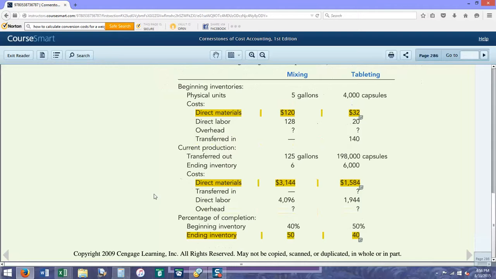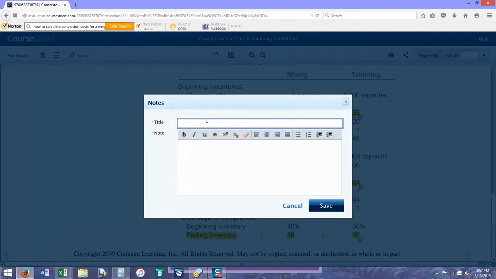for mixing, let me highlight, and I should be able to make a note in there. I'm just going to add a note to my book. So the overhead: for the mixing, it's 200% of direct labor, and for the tableting, it's 150%.